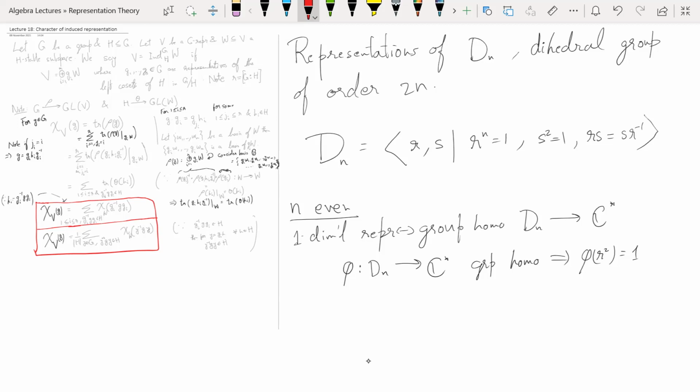So you can think of it as a group generated by two elements, r of order n and s of order 2, satisfying this relation.